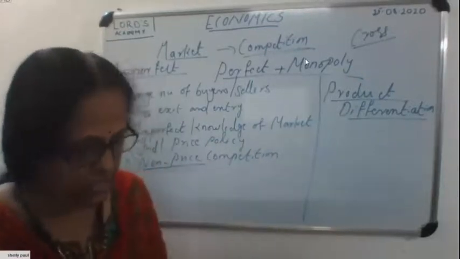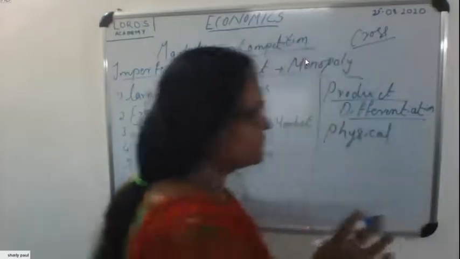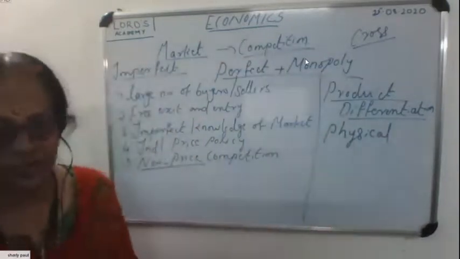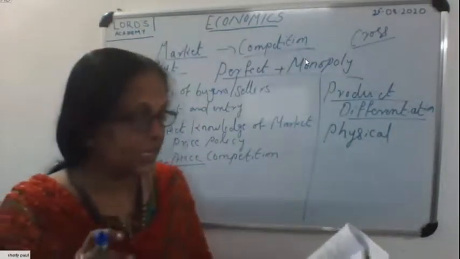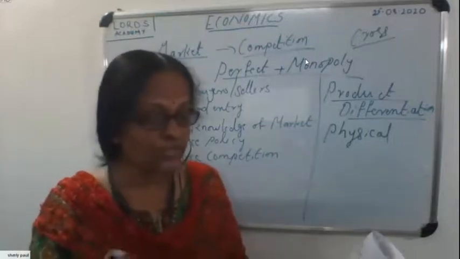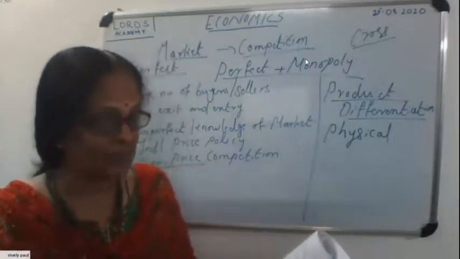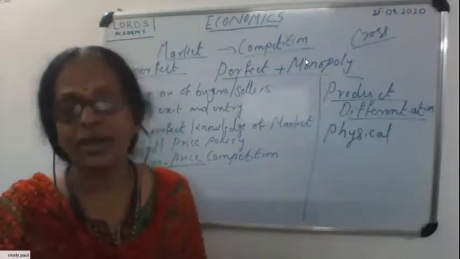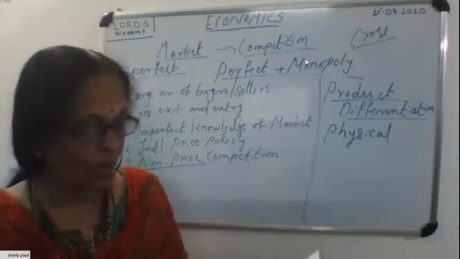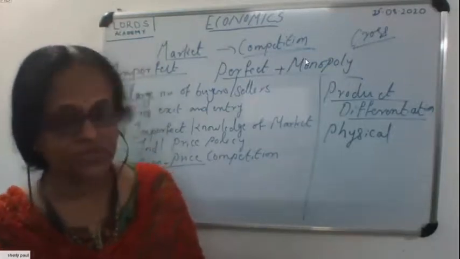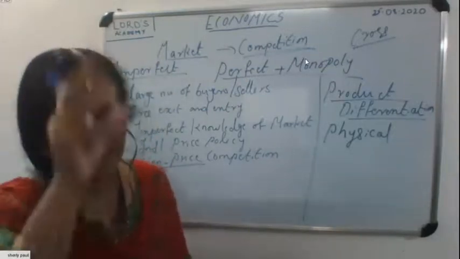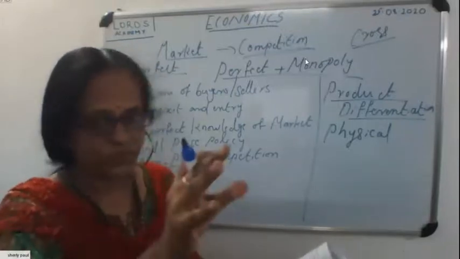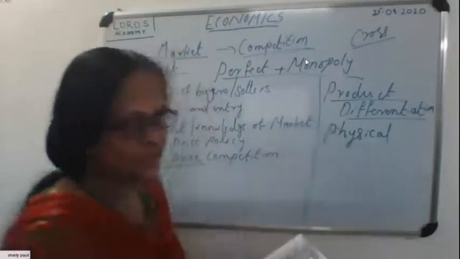In product differentiation, the first one is physical difference. In some cases, the product of one firm is physically different from the product of another firm. One good is chocolate, another is vanilla. One good uses plastic, another uses aluminum. That is a physical difference in the appearance, how the product looks.